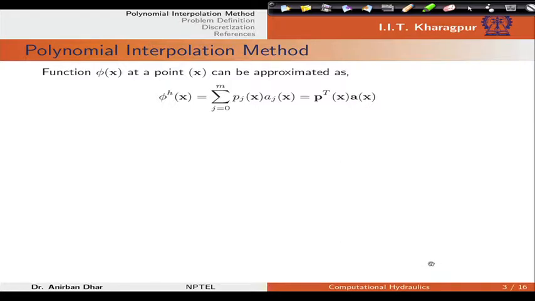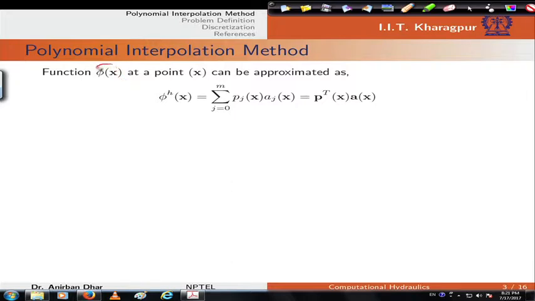Polynomial interpolation method: function phi can be represented at a point x with the approximation phi h, summation from j equals 0 to m, p j x a j x, and we can represent it in terms of vectors like p transpose a.